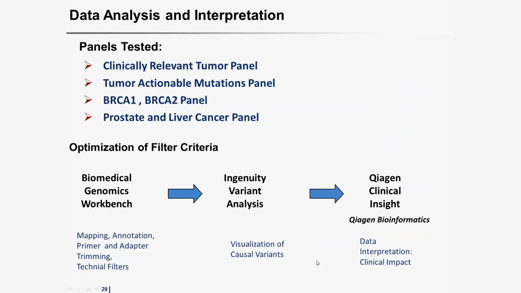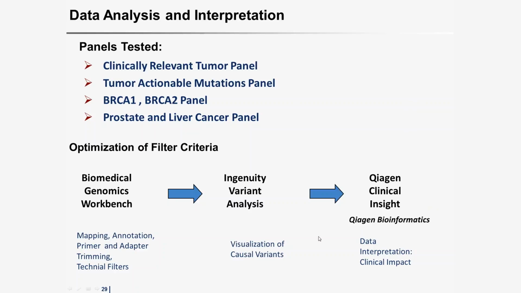And QIAGEN is now offering a whole pipeline from mapping to filtering to data interpretation. And this is done by different tools. First, as I explained to you already, the Biomedical Genomics Workbench, and then the functional analysis is performed by Ingenuity Variant Analysis, and finally you have a quite nice performance for data interpretation.